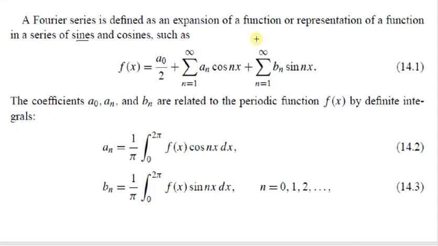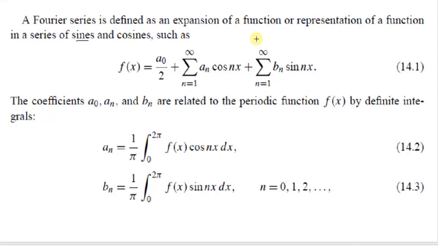A naught is a part of an, and an is defined by an is equal to 1 by pi integral from 0 to 2 pi f of x cos nx dx. Now when n is equal to 0, you will get a naught, that is a0 will be equal to 1 by pi integral from 0 to 2 pi f of x dx.